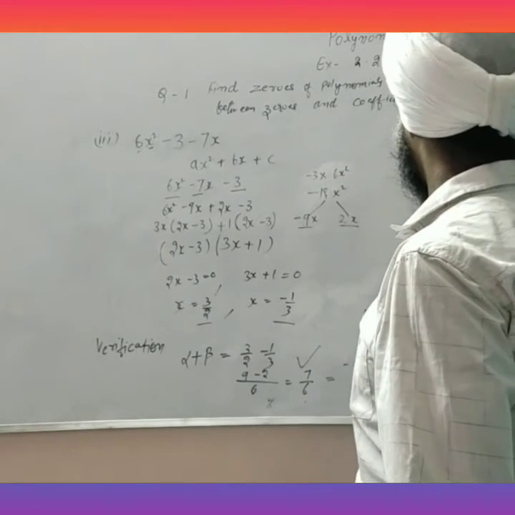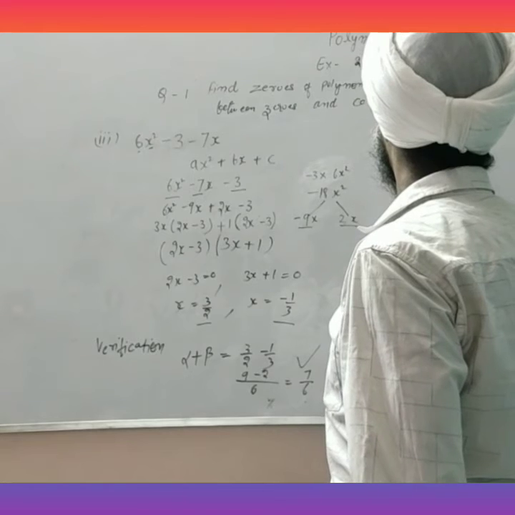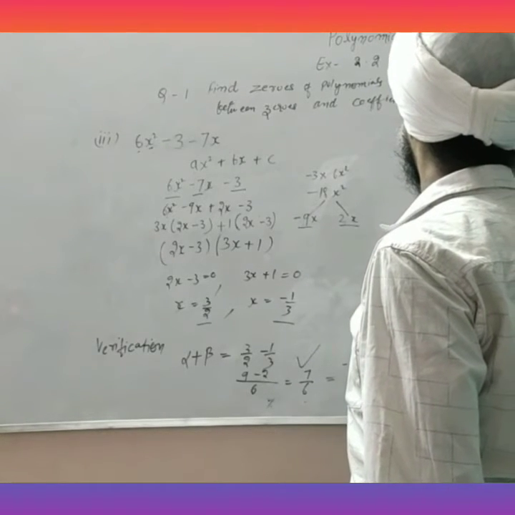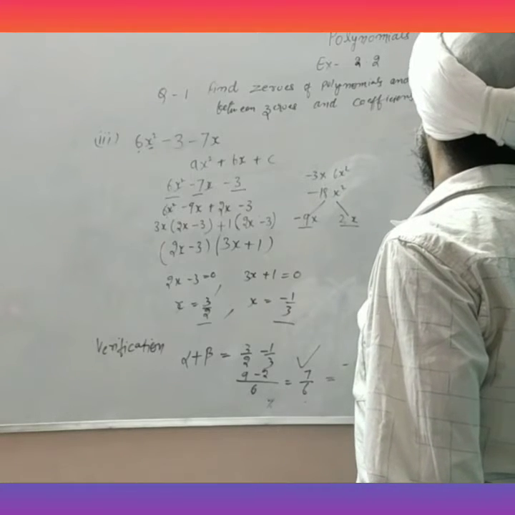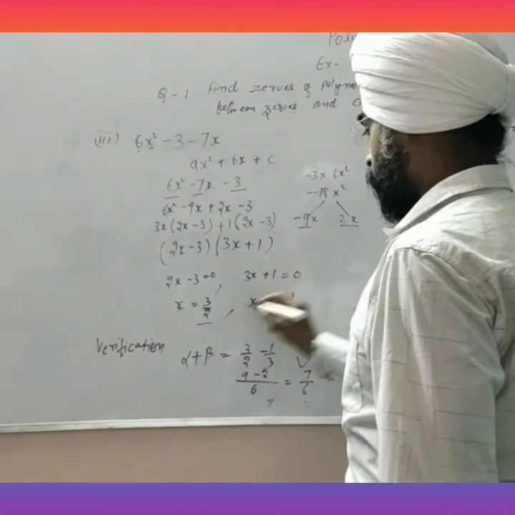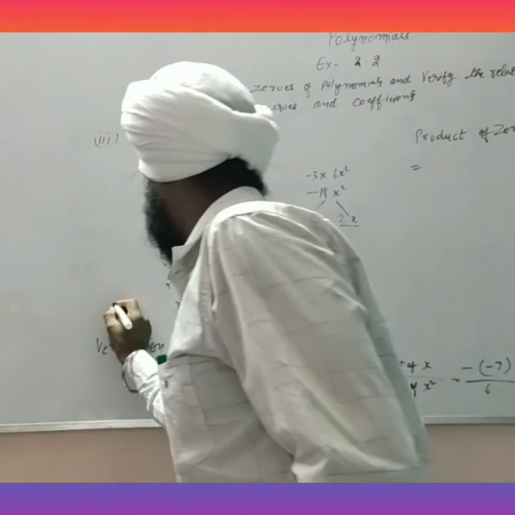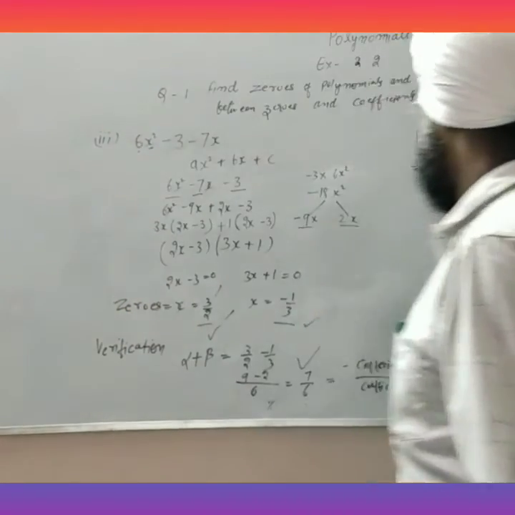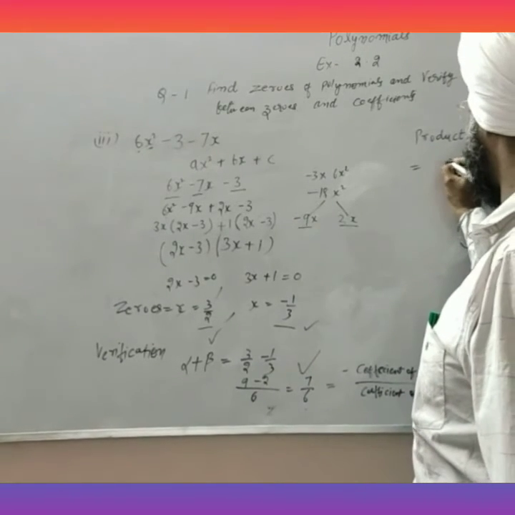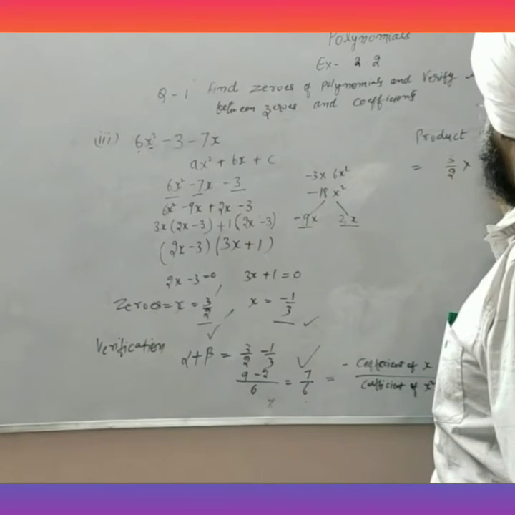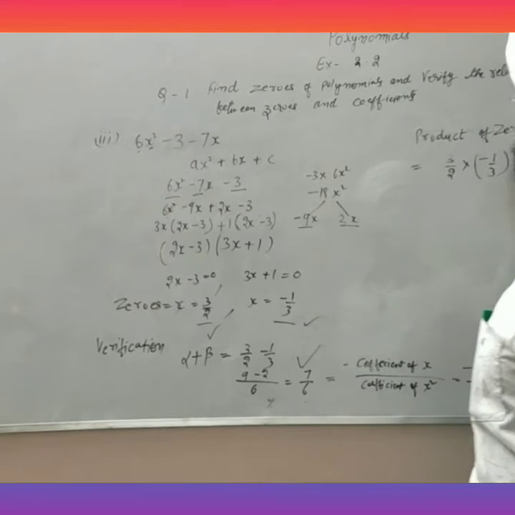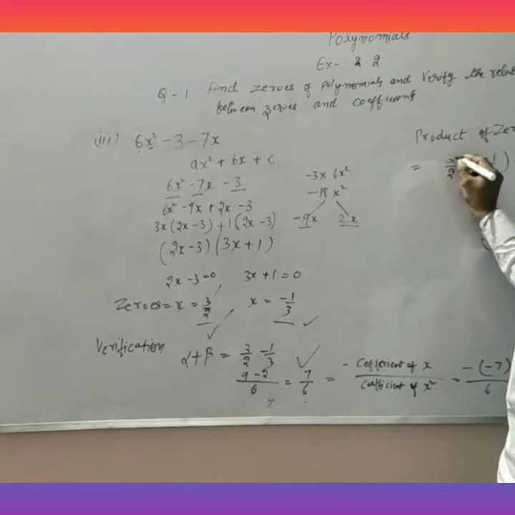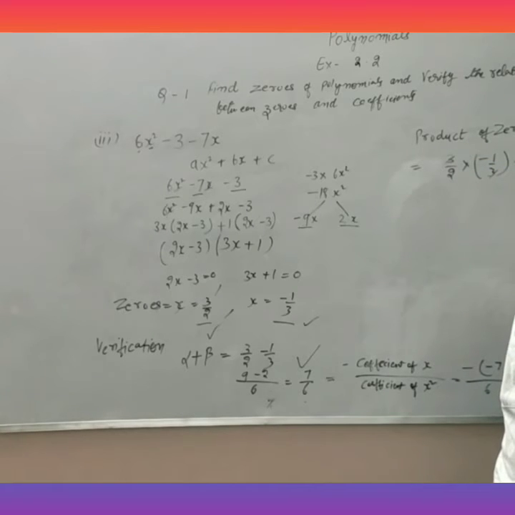Now multiplication means product of zeros. These two are our zeros. Product of the zeros is 3 by 2 into minus 1 by 3, and it can be written as, the 3s cancel, minus 1 by 2.